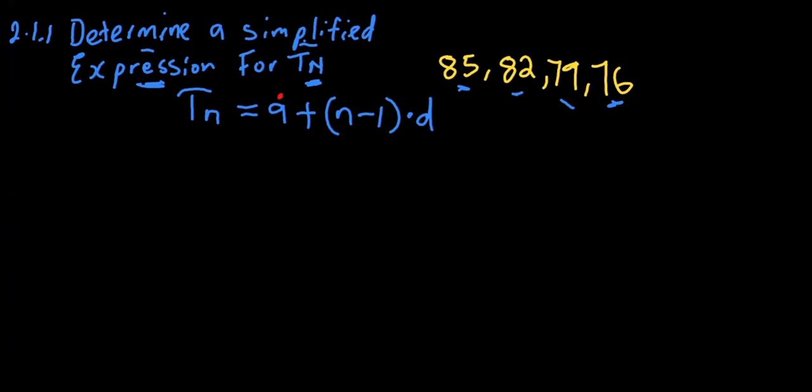D is the common difference between the consecutive terms. And N here is the term number.